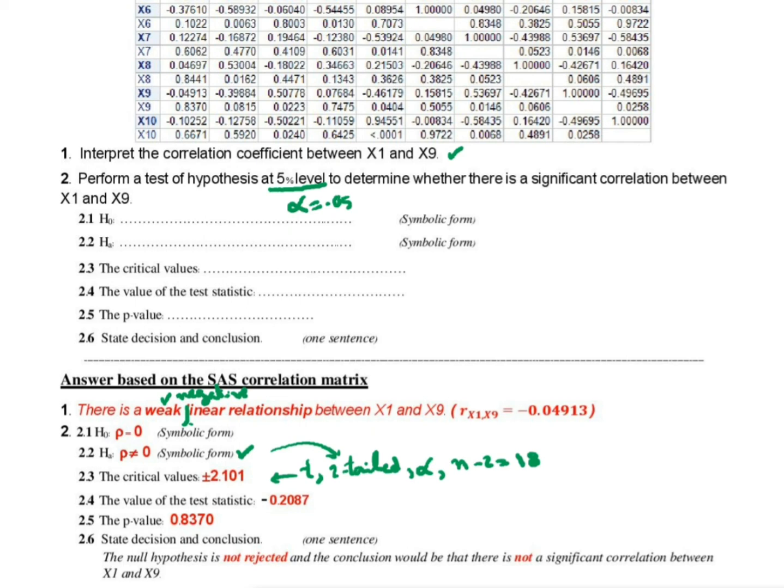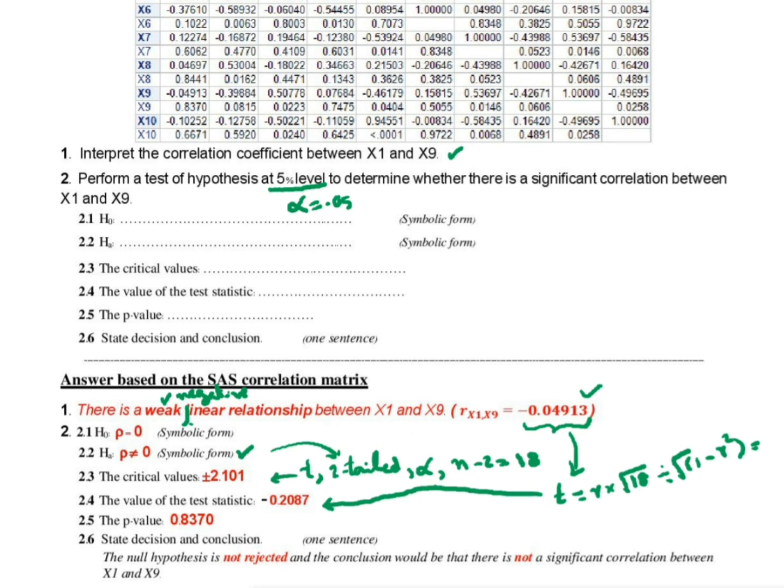After the value of the test statistic is here, R statistic, you change to T by the given formula. Enter this value for R times square root of 18, m minus 2, divided by square root of 1 minus, and copy this one, R square, equal to, and you will get this value, negative 0.2, close to 0.